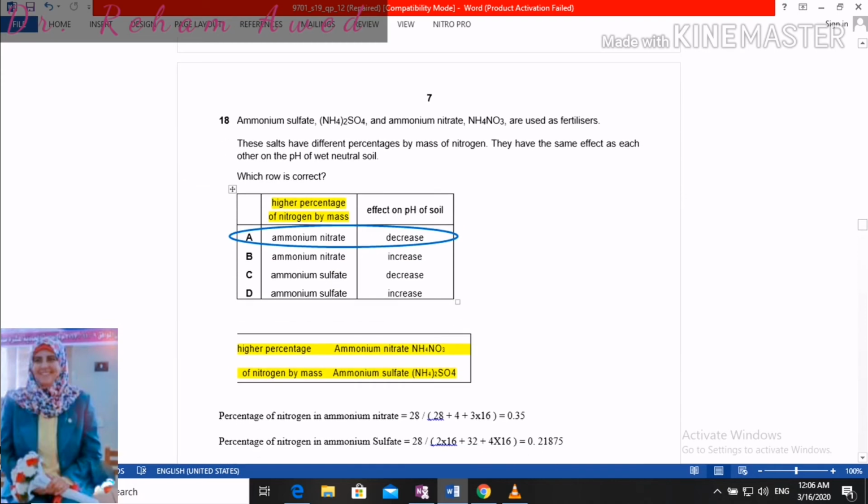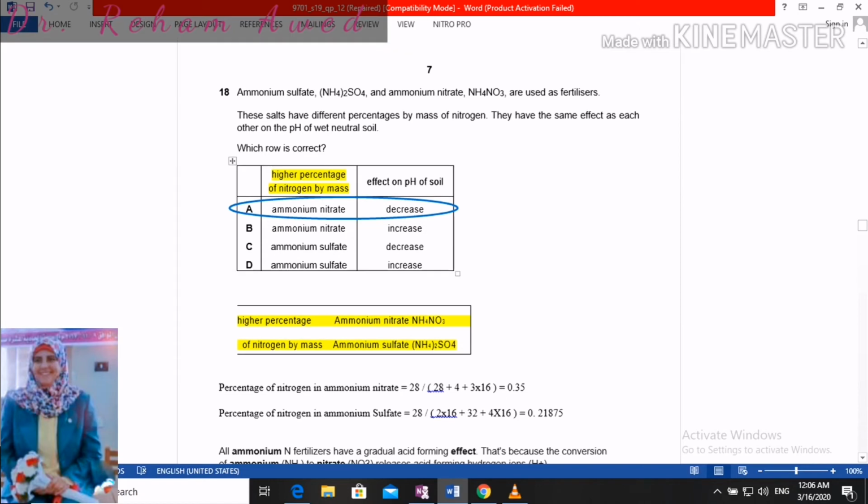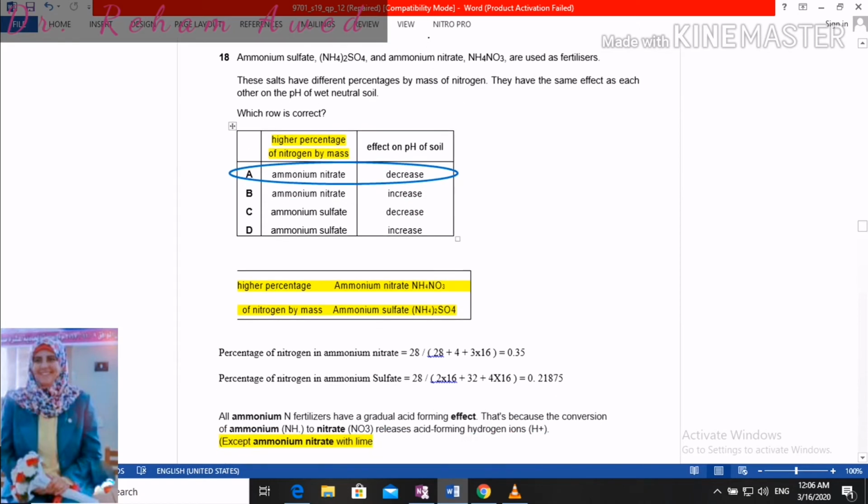For ammonium nitrate, we have 2 nitrogen atoms, and the relative atomic mass for nitrogen is 14. 2 times 14 equals 28, divided by the total relative molecular mass of ammonium nitrate. So the percentage of nitrogen in ammonium nitrate is 0.35.